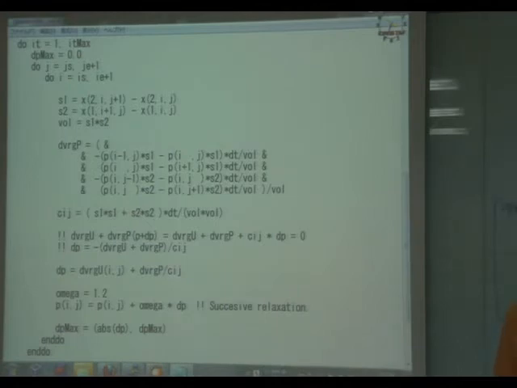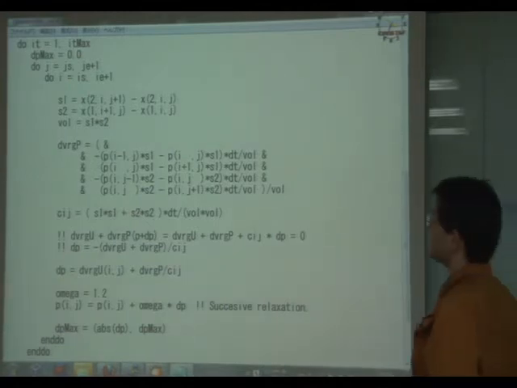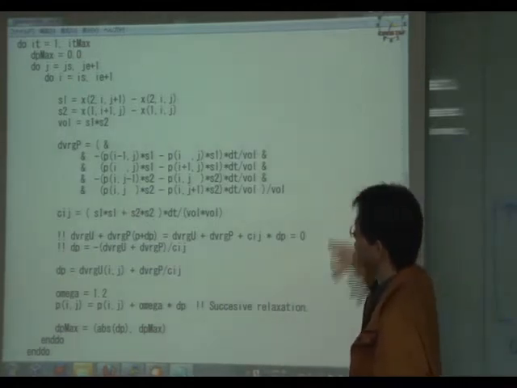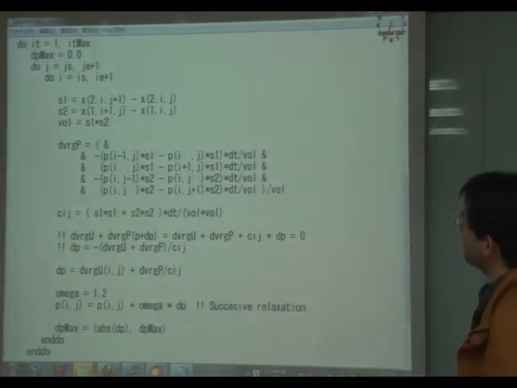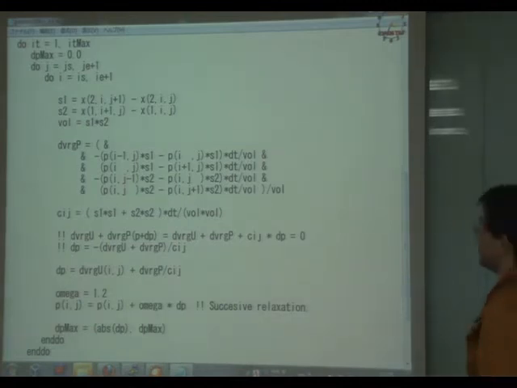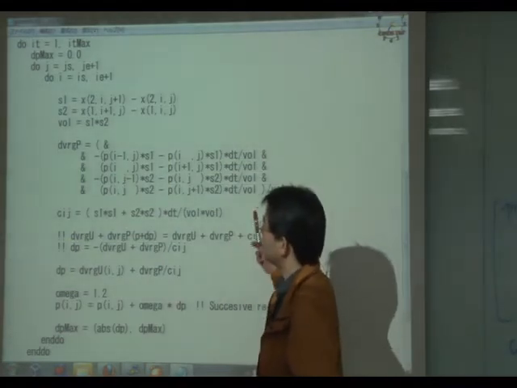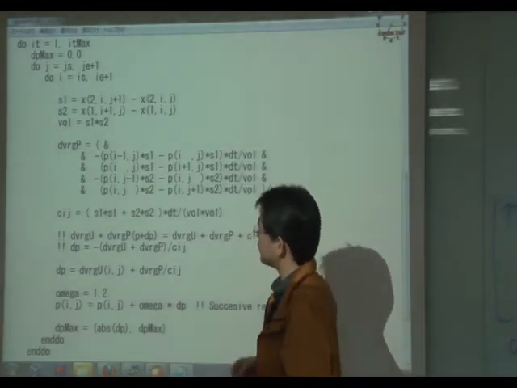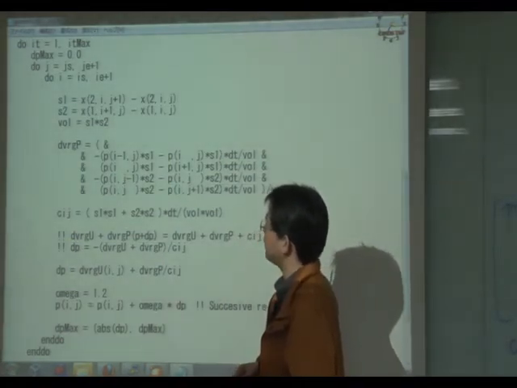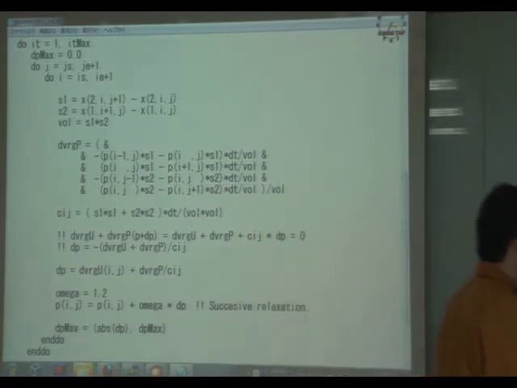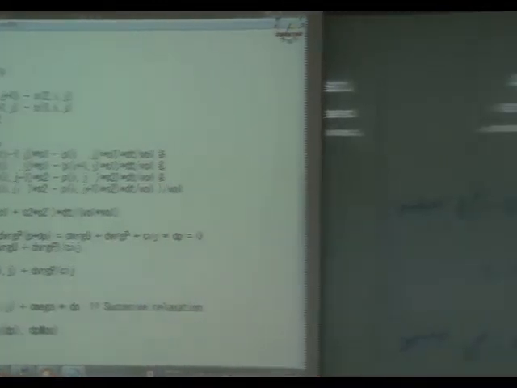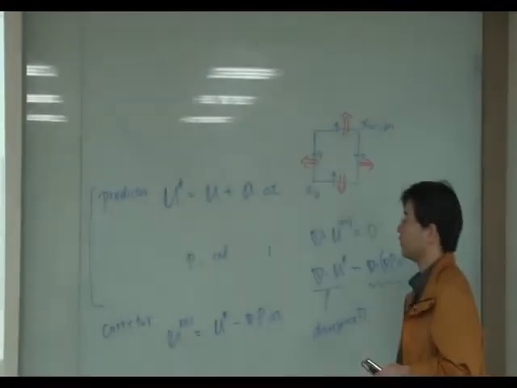The correction procedure is just in this screen. Is it complicated? But the essence is very simple. The first one is to calculate the divergence of the pressure gradient.